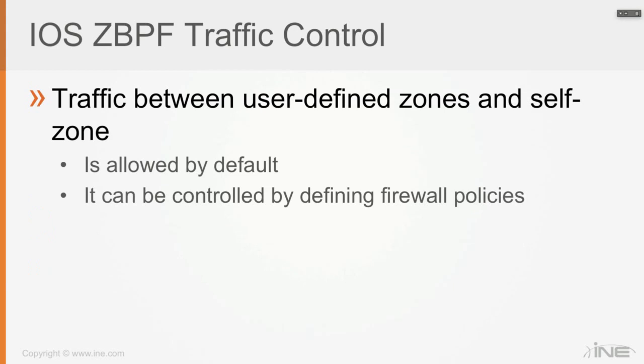Now let's see what ends up happening from the traffic control point of view. Traffic between the user-defined zones and the self zone is allowed by default. Of course it can be controlled by defining firewall policies.